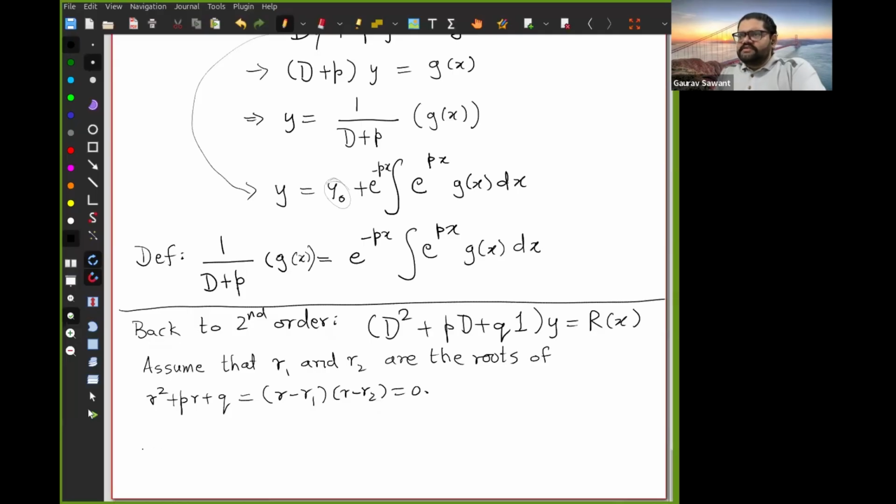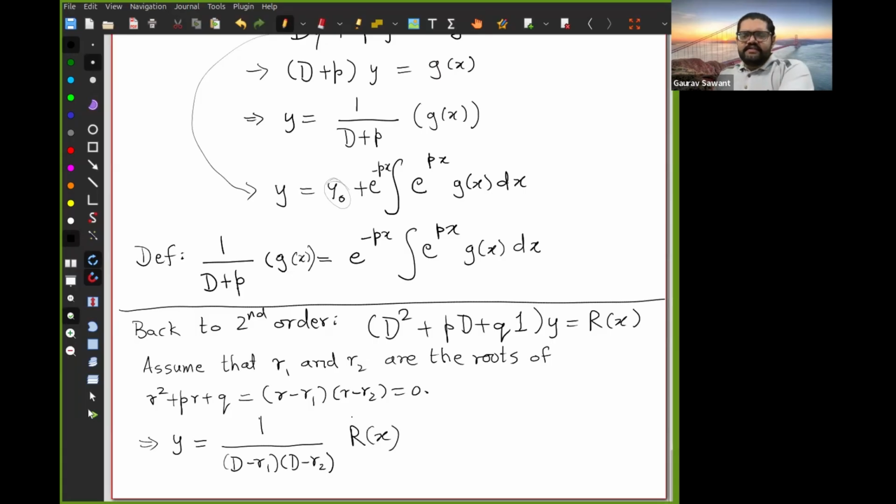In this case, my solution y will end up being 1 over (d minus r1)(d minus r2) acting on r(x), correct?